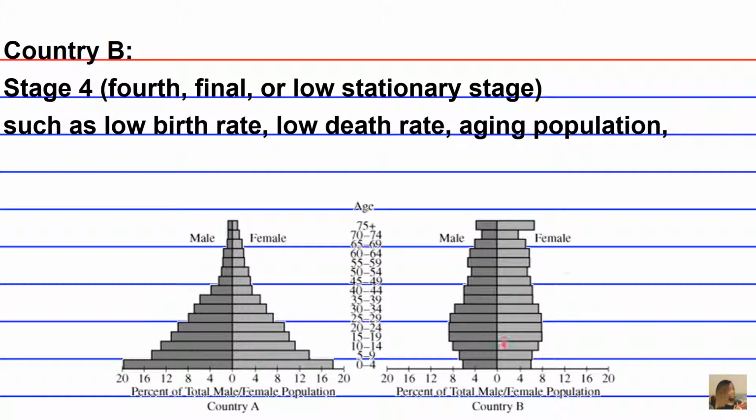There's a lot of people in the high age cohorts as well as the young age cohorts. And here you can see again there's a low death rate. Younger people are not dying. All right, and this would be considered a developed country, such as the USA, Japan, France, or the United Kingdom.